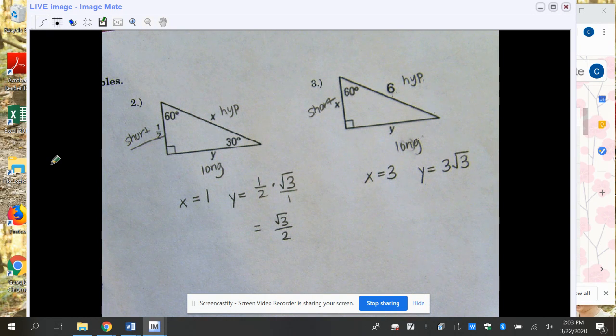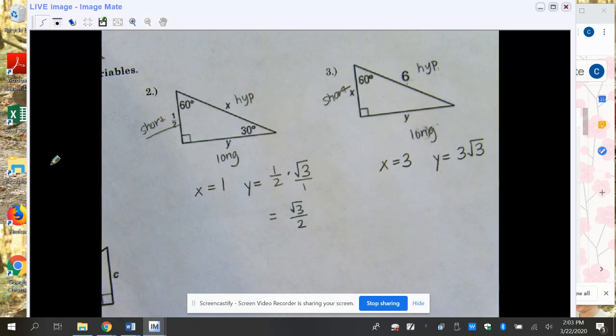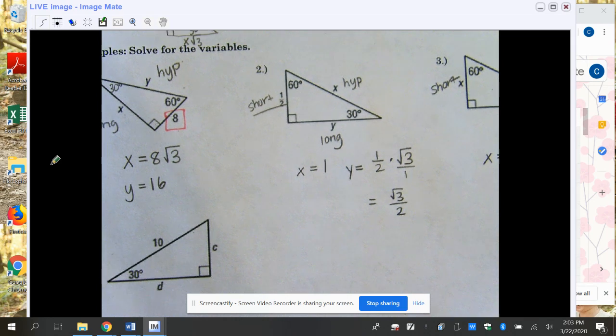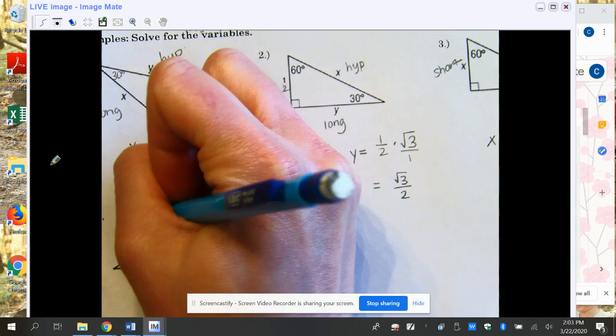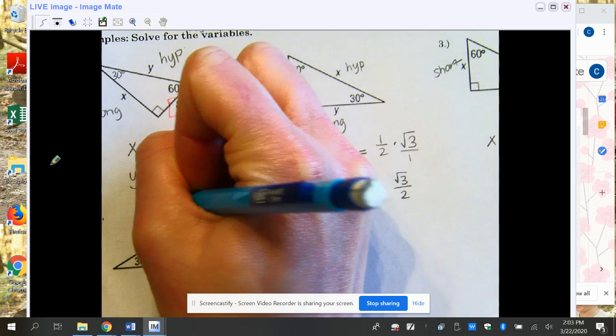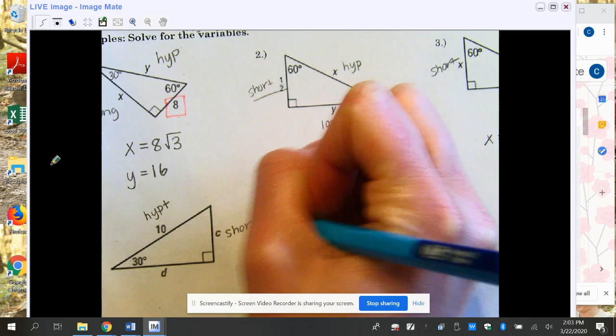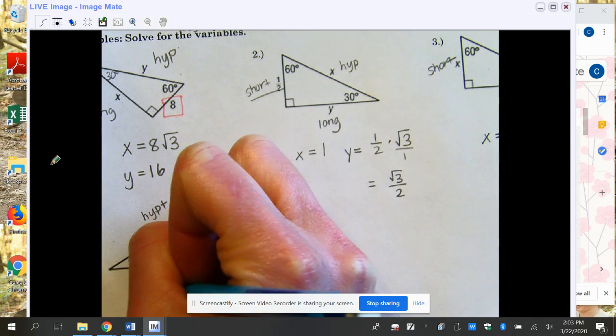Okay. So we're going to add a couple more examples, just because we didn't really do any that involve knowing the long side, because those can sometimes be the trickier ones. And so here again, we know the hypotenuse. There's my 30-degree angle, so that's going to be the short. 60 is going to be the long.